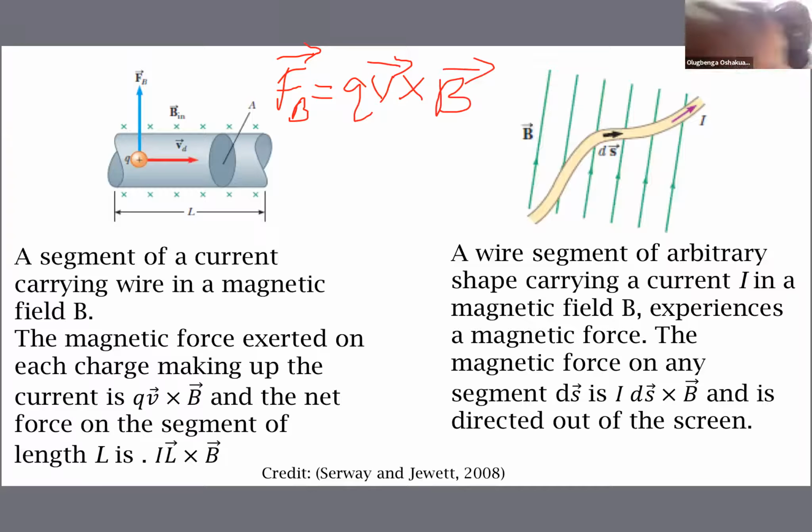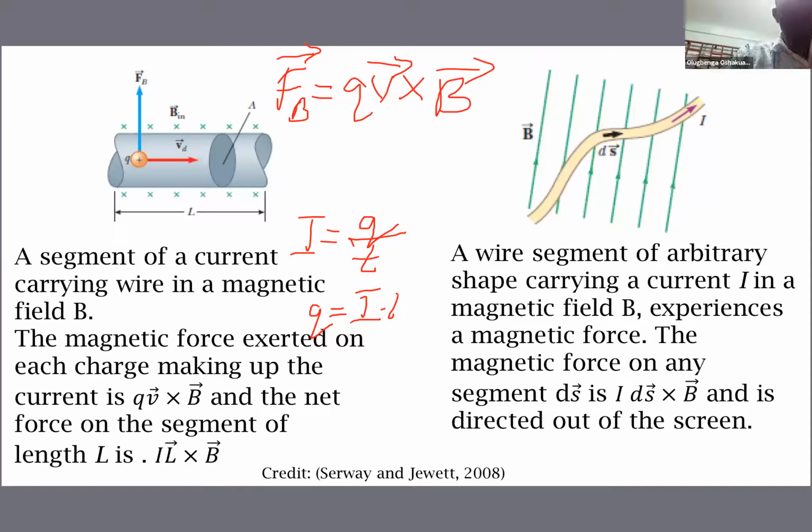The net force on the segment of length L is IL cross B. When we define current, I should be equal to the rate at which charges flow through a cross section, something like q over t. That means we can define charge to be the product of current and time.